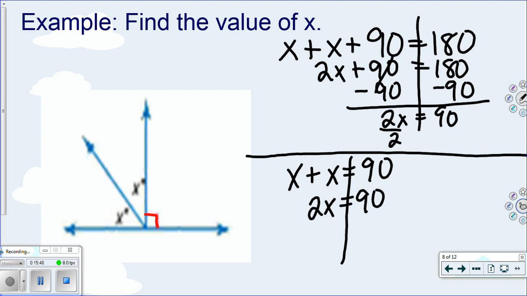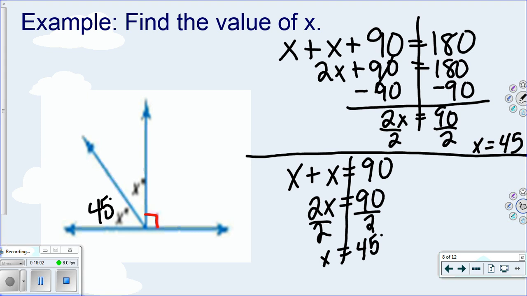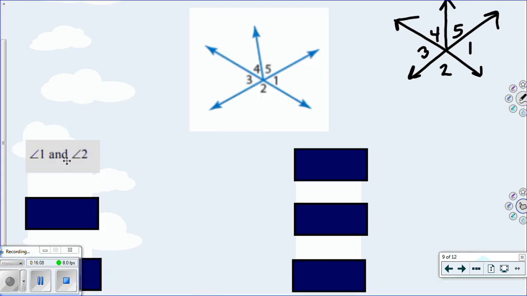Okay, our next one. We have angles 1 and 3. Karina? They are vertical. They're opposite angles created by two intersecting lines. Good. Angles 3 and 4, what are those? They are adjacent. Very good.